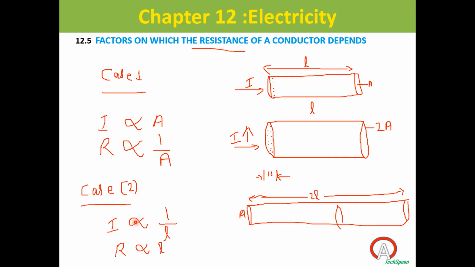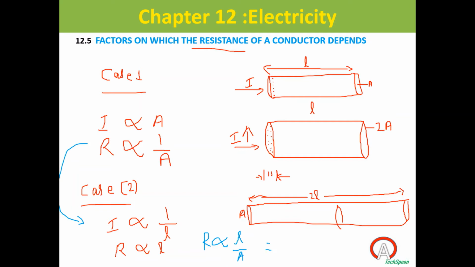Okay, by comparing these two relations of resistance with area of cross section and length of the conductor, we can write R is proportional to L by A. According to this relation, resistance decreases with increasing area of cross section.